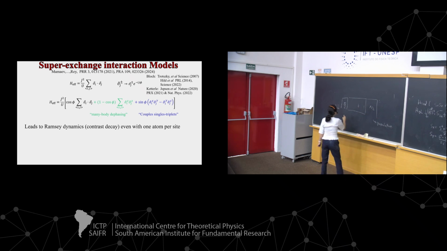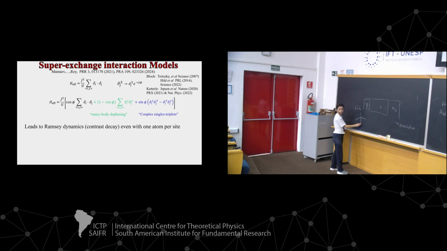So the idea is that I start with all particles on my Bloch sphere, all particles down. Then I do a pulse, and imagine that I do it along the y direction, so I have a state that is polarized along the y direction.